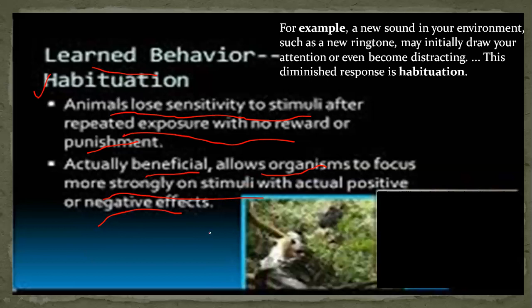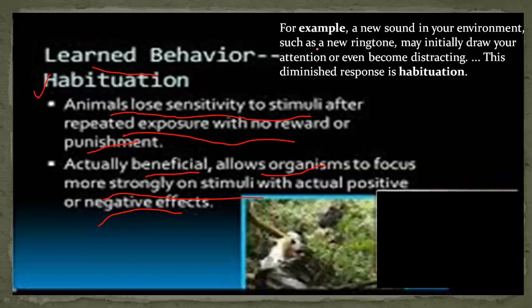For example, buffaloes and cows in the city street and squirrels in the parks, first of all, they get scared and hide under some support. But later on, they get to know that humans are no more harmful for them. So they ignore that stimulus of human beings coming anywhere, and they move all around.